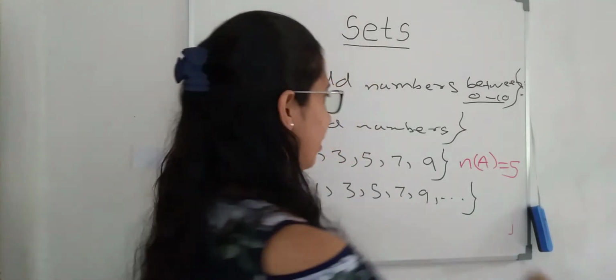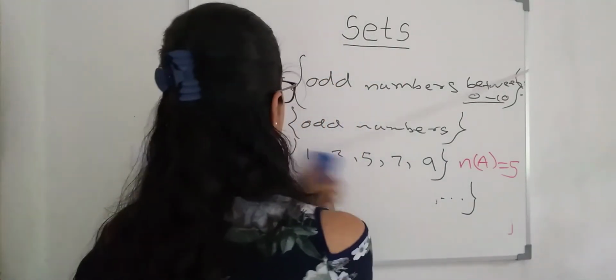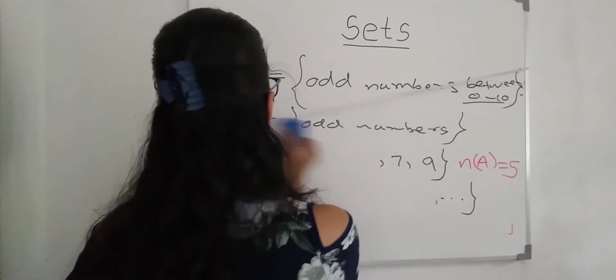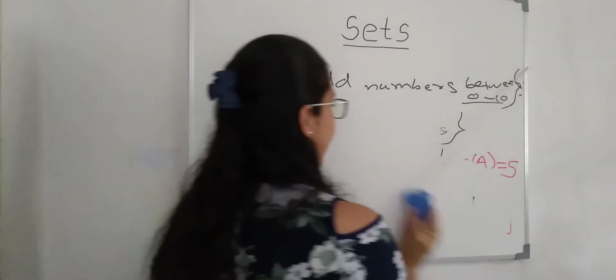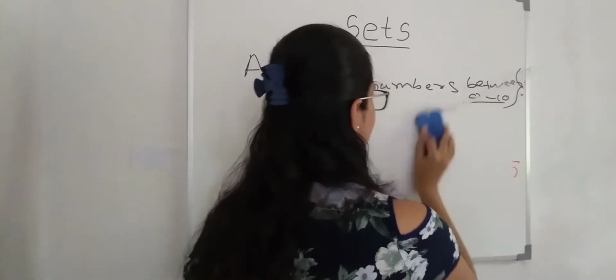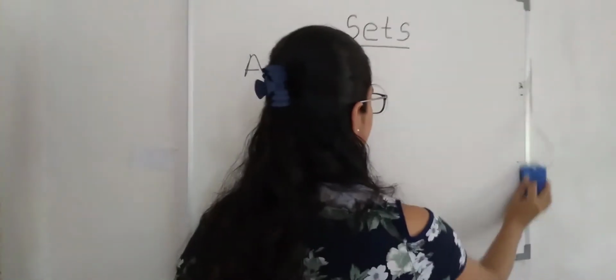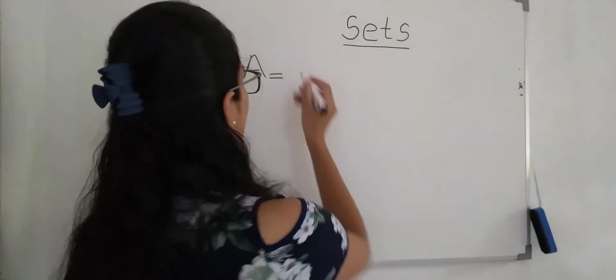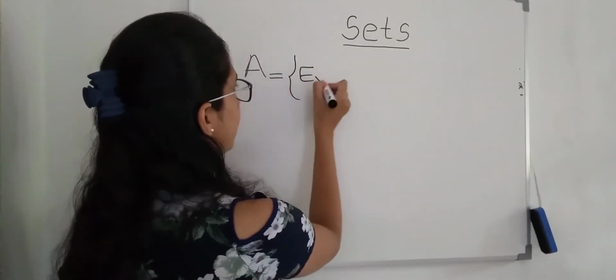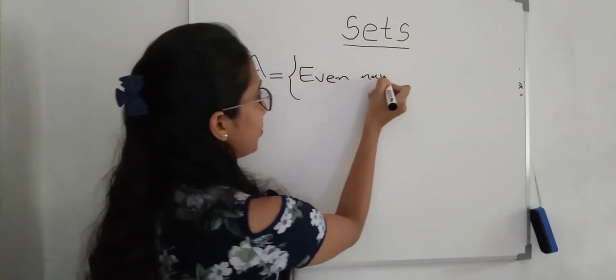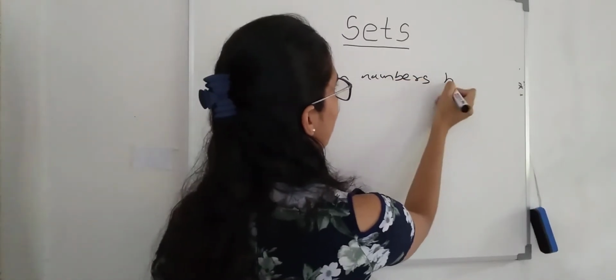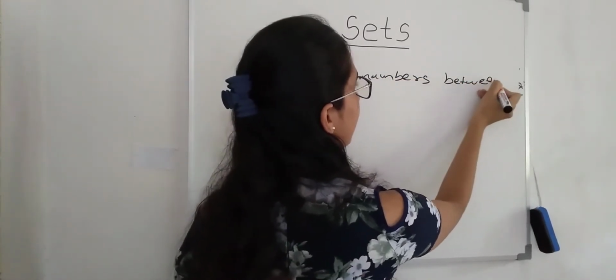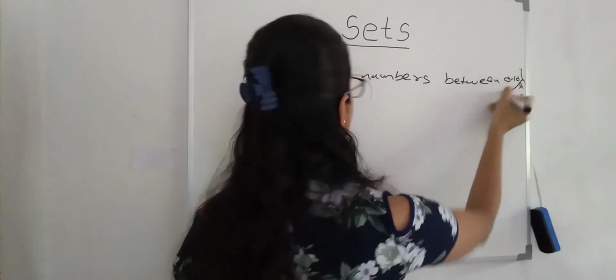Okay, let's start. Let's see equal sets and equivalent sets. I'll take an example to teach that. I'll take the set A as even numbers between 0 and 10, right?